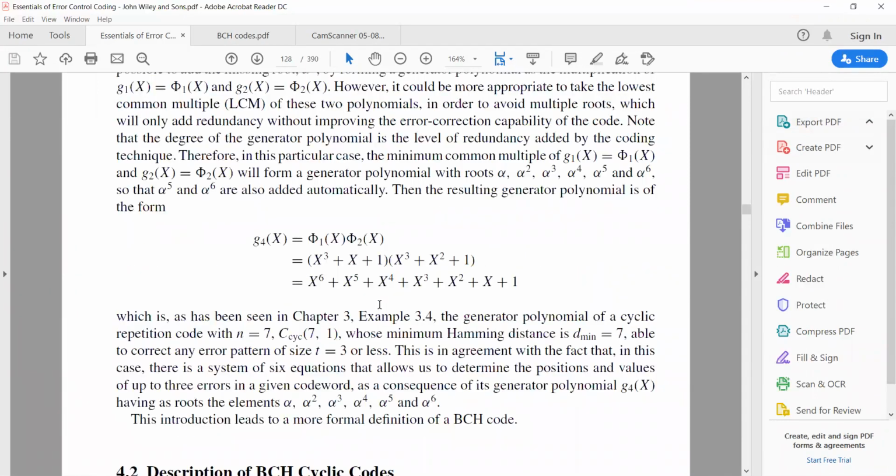And I think you follow the syllabus of this subject. So you can see that the minimal polynomial is an important topic, and the very first topic, the first important topic of this chapter on BCH code.